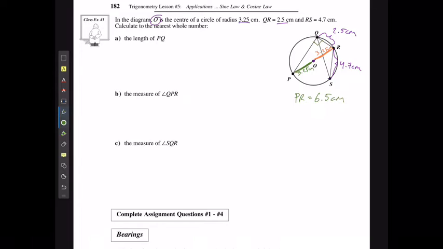I can say that in this case PR is going to be the hypotenuse, and the two legs are going to be QR and PQ.